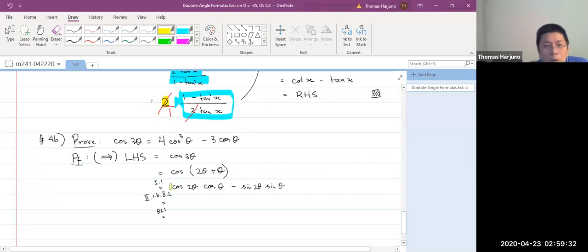Now then for cosine 2 theta, cosine 2 theta has 3 variations. How do you know that we use the second variation? Well, we know because the whole expression here is in terms of cosine, so I need to rewrite it in terms of cosine. That will then be 2 cosine squared theta minus 1, times cosine theta. That's for the first term.